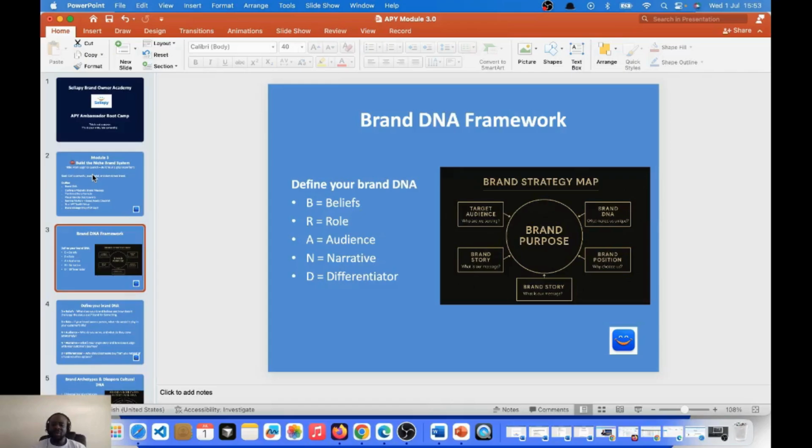By abbreviation, the B stands for believe, the R represents the role, the A represents audience, the N represents narrative, and the D is the differentiator. We're going to go through these acronyms one by one in the next slide.